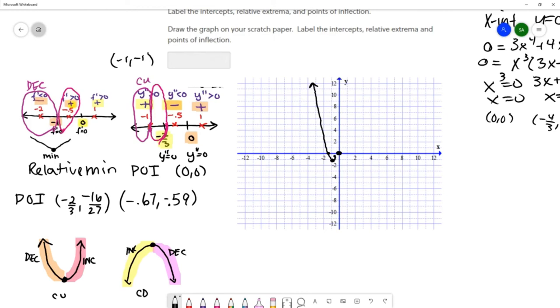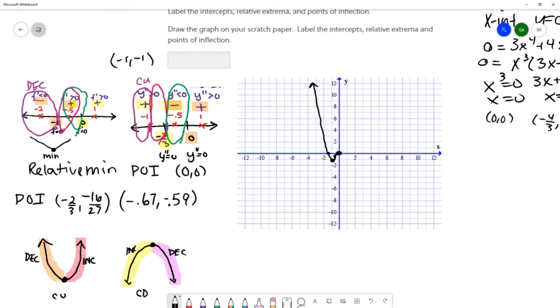Then I'm going to look at the next section. The next number over would be 0. In this section, my second derivative is negative, so concave down. And in this section, my first derivative is positive, so it's increasing. So when I connect these 2 points, I want to draw concave down and increasing.